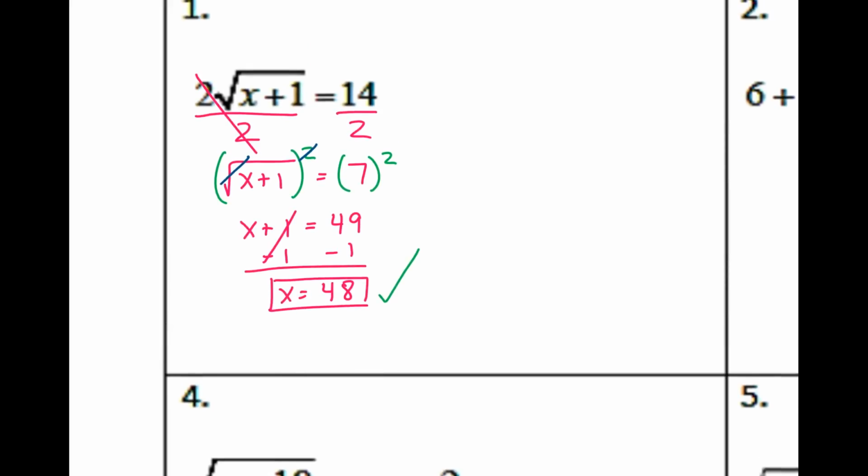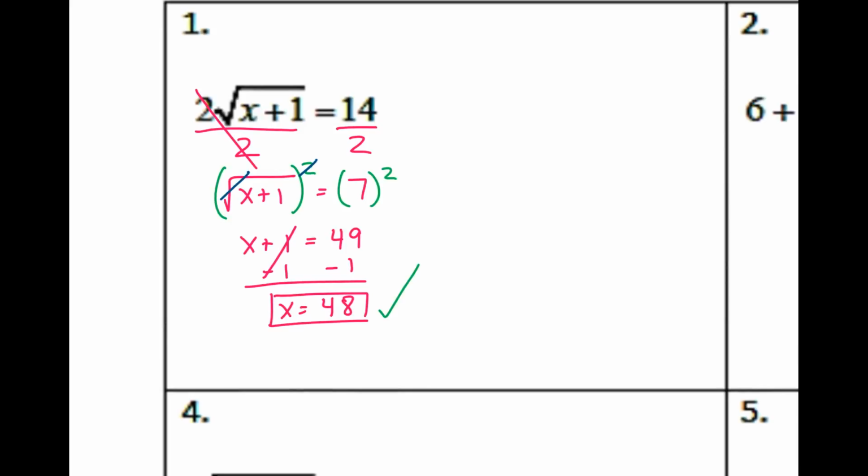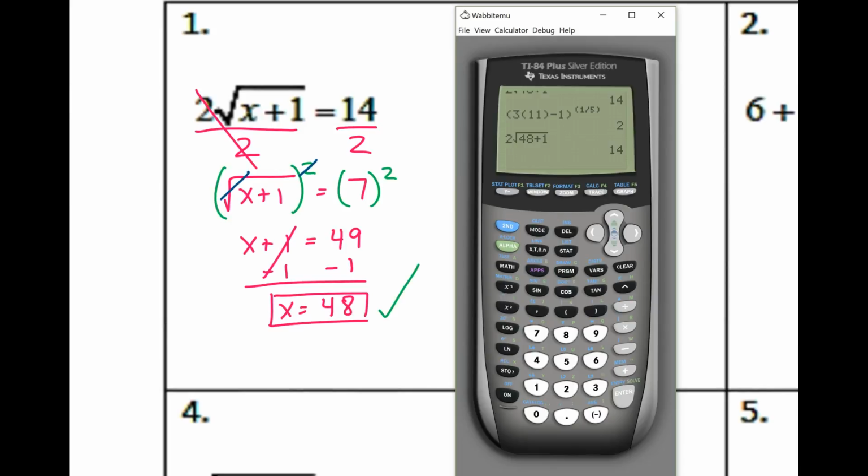Now, let me show you a little trick that I want you to do before you do any solving radical equations. Before you even start solving, I want you to go into your y equals and put each side of the equation into the y equal.